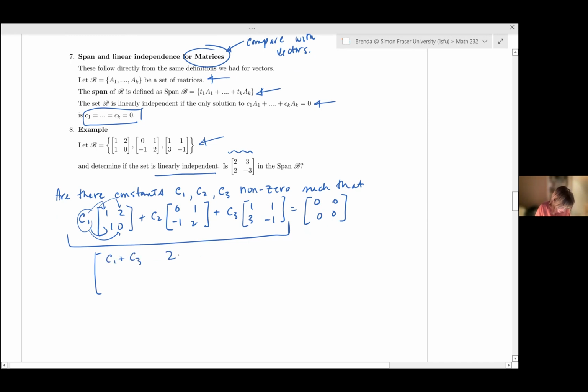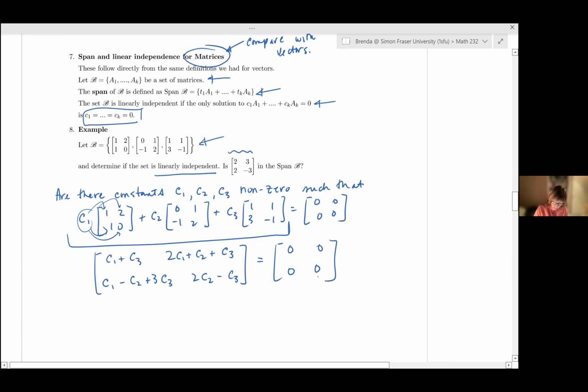This entry will be 2C1 plus C2 plus C3. This one will be C1 minus C2 plus 3C3, and 2C2 minus C3. And we're asking for what values of the c's these are all equal to 0.